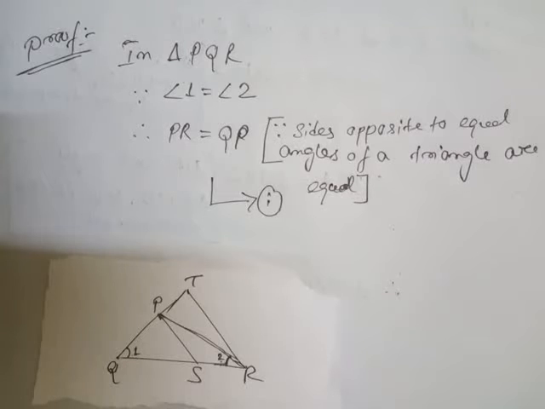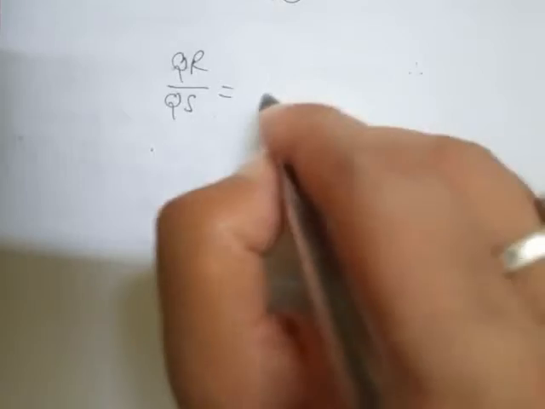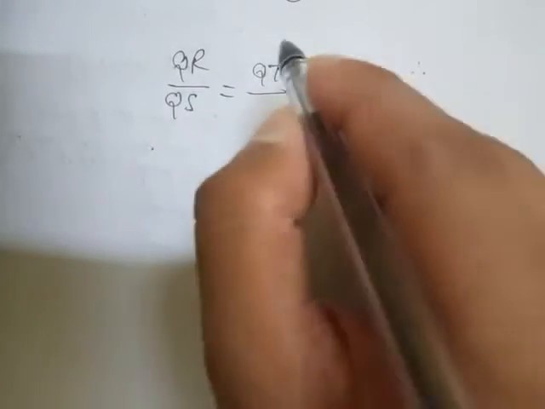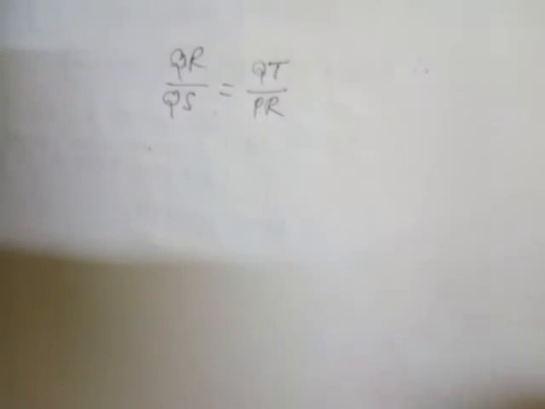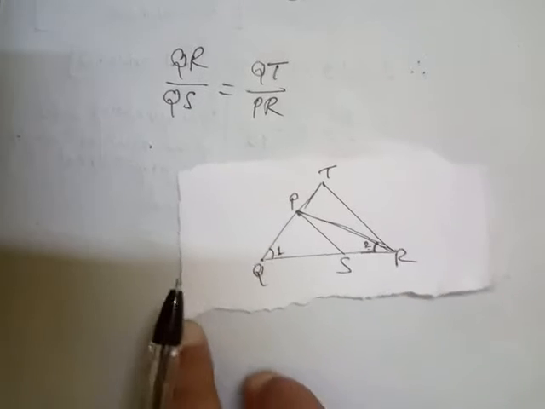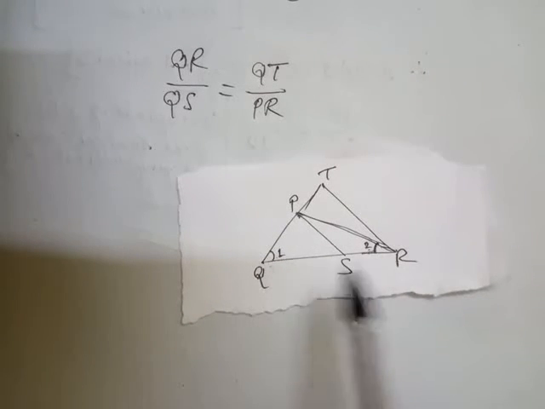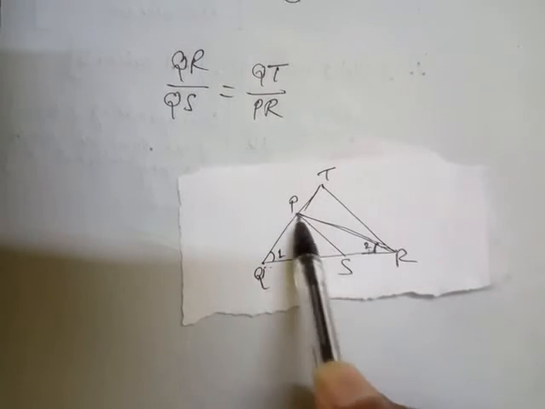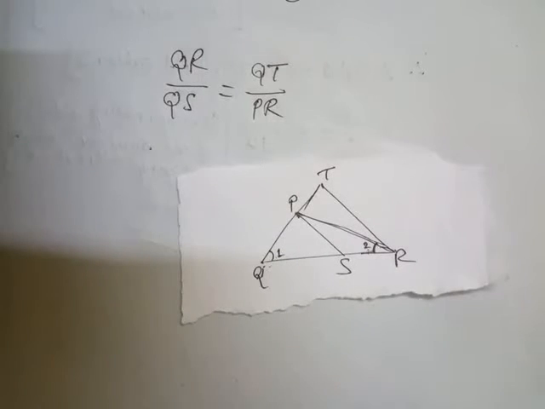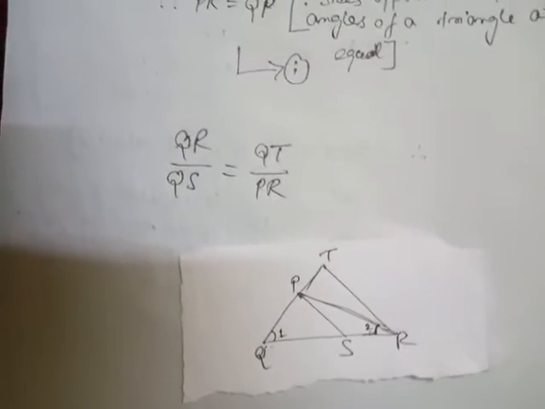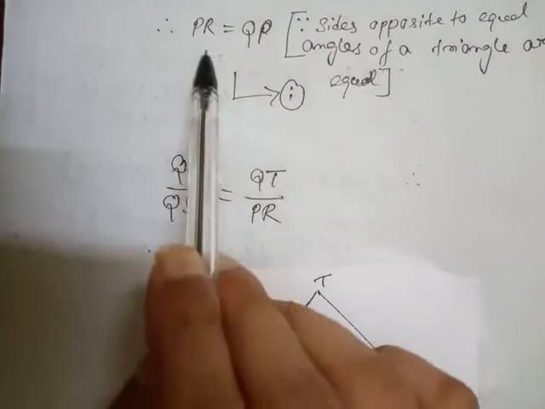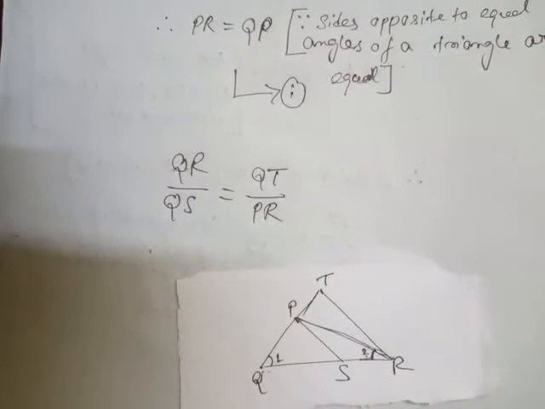Now look student, the given part is QR by QS equals QT by PR. Look in the diagram, this is the given part. Now in equation number 1, PR equals QP or PQ, whatever.